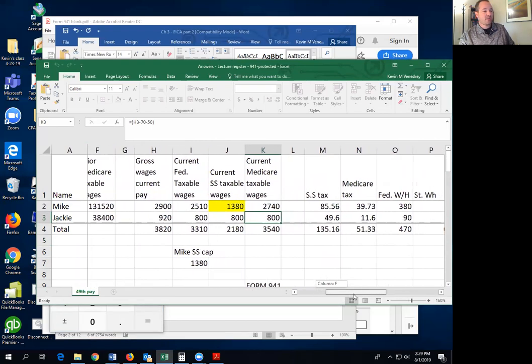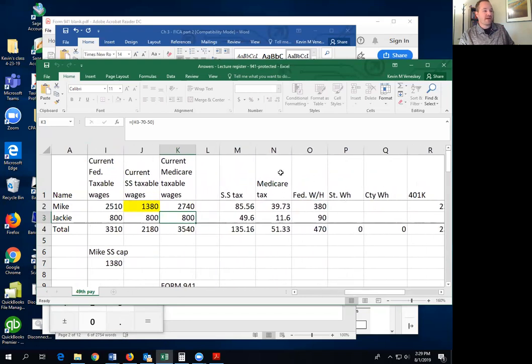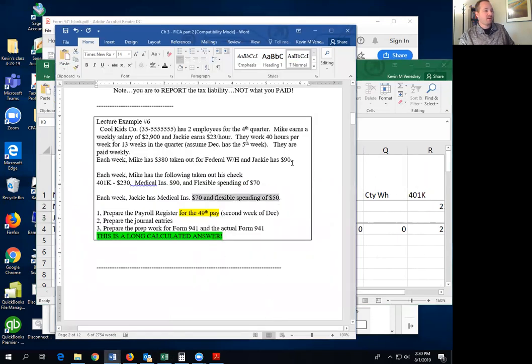Now, if you set up your payroll register correctly back in week 1, you should have these two items already calculated for you. You can take a peek here and see if you got the same amounts. This one we have to manually enter, and I told you what these are back in the problem: $380 and $90 for each of our two employees.